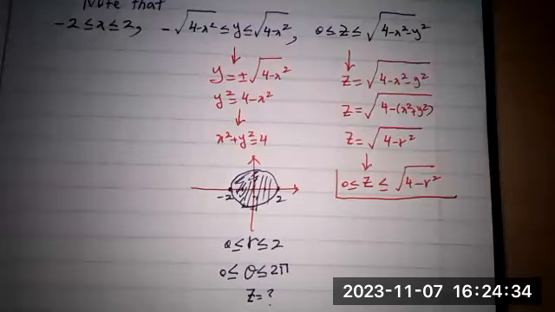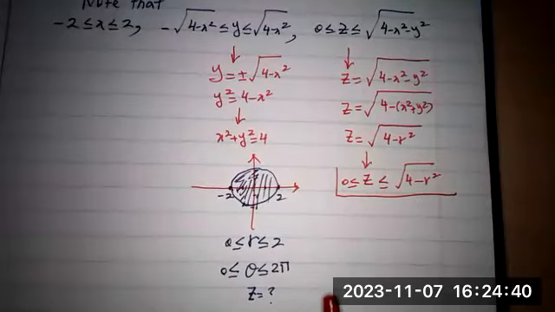Okay, now we are ready to integrate. We integrate with this information that R is between 0 and 2, theta is between 0 and 2 pi, and Z is between 0 and the square root of 4 minus R squared, which is a valid argument. Valid because Z can be a function of R and theta, because it's a triple integral. Okay, now we set up the integral.